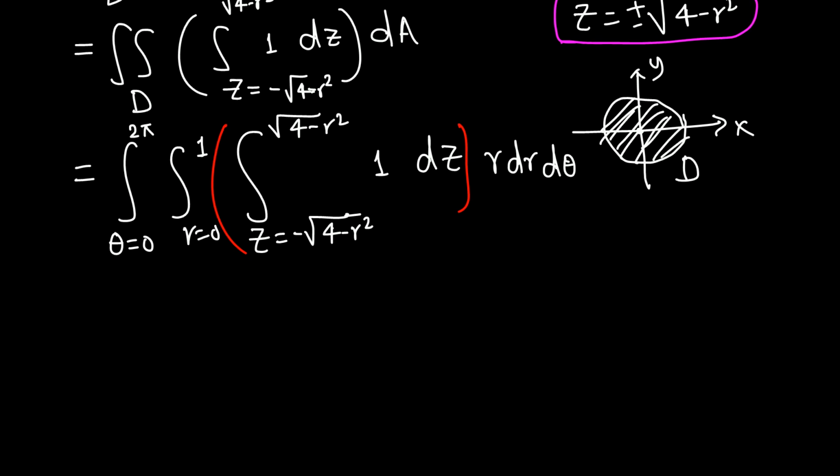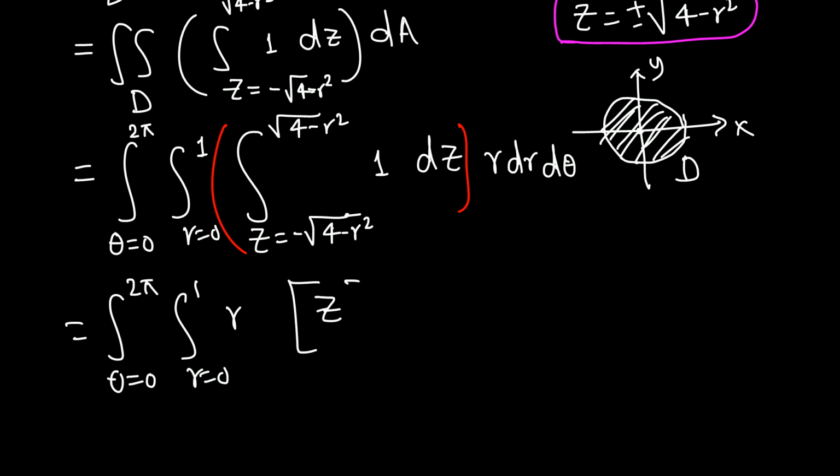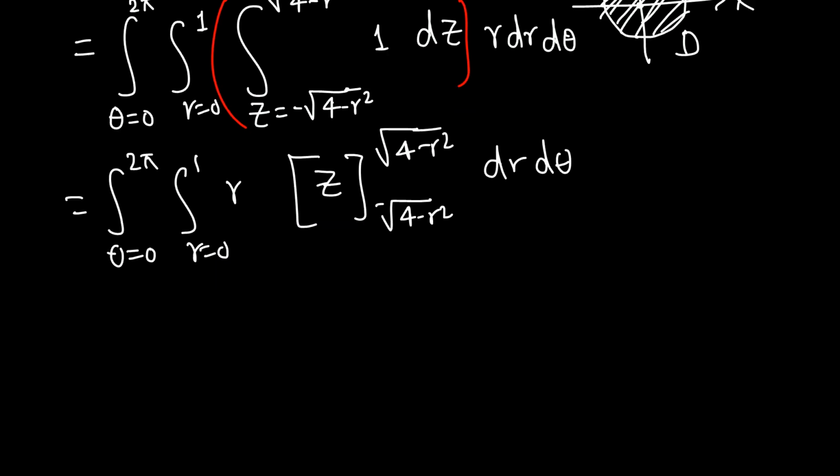Here theta goes from 0 to 2 pi, and with respect to z, this r we can pull outside of the inner integral, r from 0 to 1, and we can write r here. The antiderivative of 1 with respect to z is just z, and we have bounds square root of 4 minus r squared over negative square root of 4 minus r squared, and dr d theta. We can pull r out, but not all the way because it is for r.